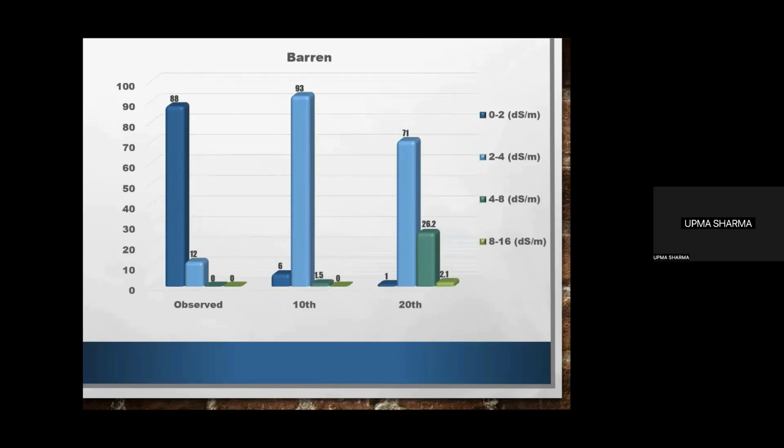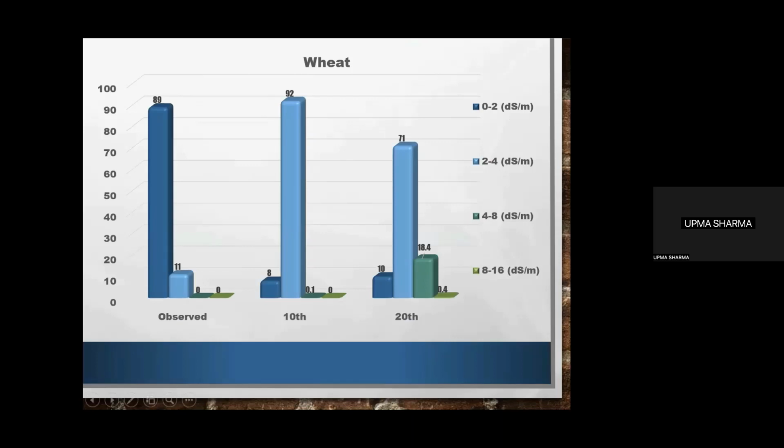This slide is particularly for the barren land. So you can say that in the land where no crops are grown, the salinity is increasing with the passing years. Now this is for wheat.